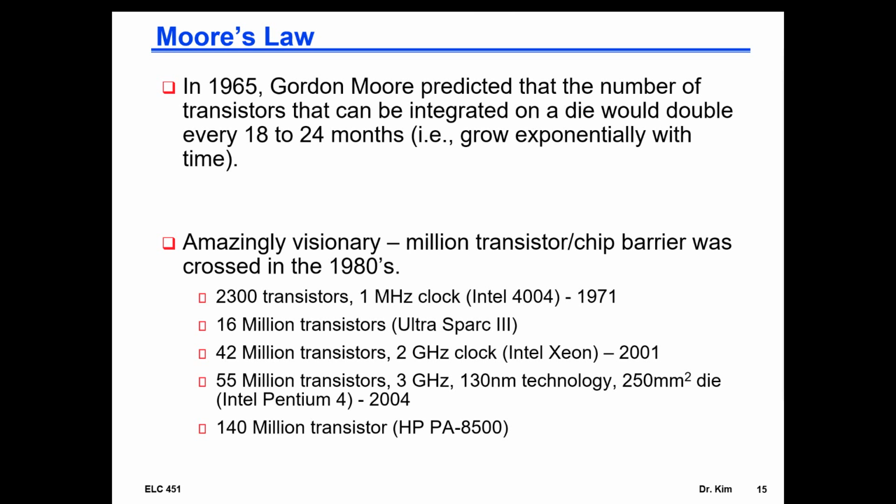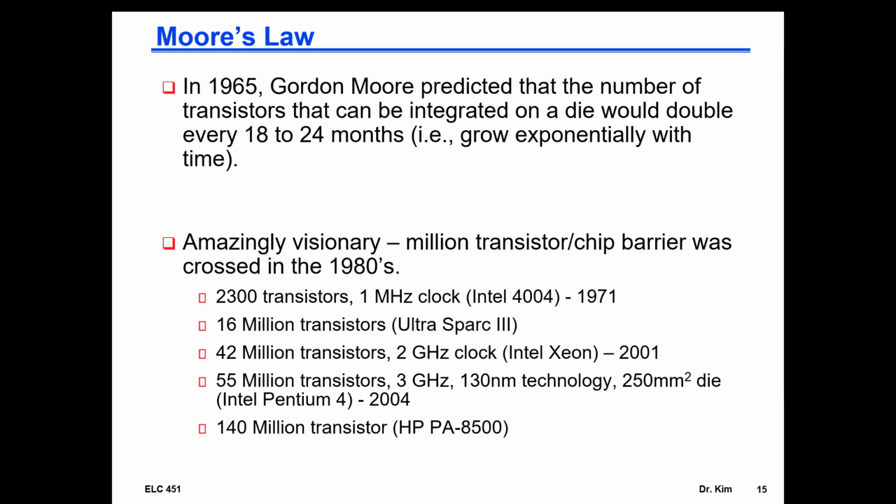So let's go back to the first Intel processor. Remember, Gordon Moore was one of the Intel founders, and Intel got founded in the early 70s. The first processor had 2,300 transistors and ran at 1 megahertz.